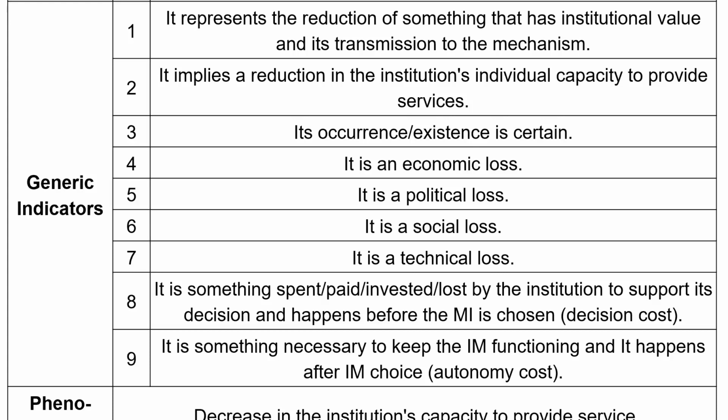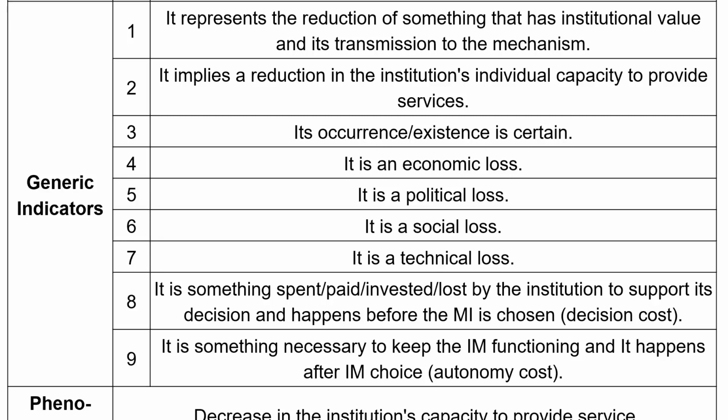And I just talk a little bit more about when it's a decision cost or when it's an autonomy cost. So I describe them, and you can just understand that it's about a chronological point.